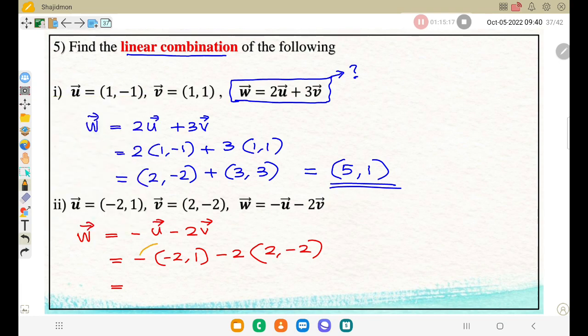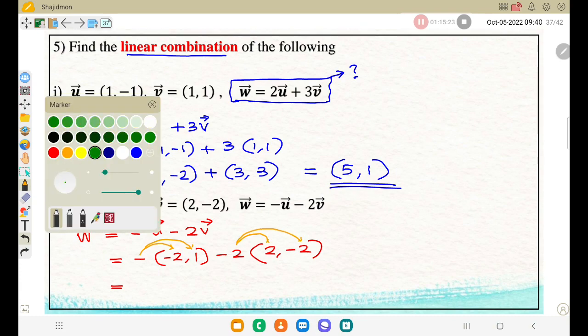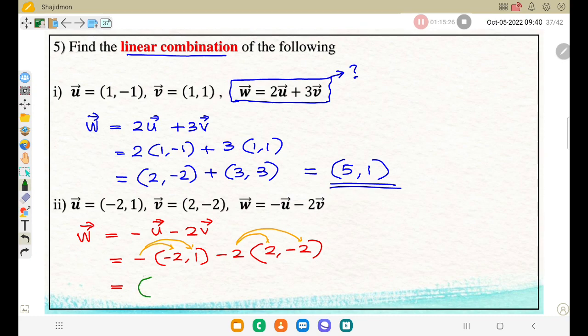You can distribute this to here. So what will be the answer? Here I am distributing only that 2. You can distribute minus 2 also. So 2 multiply 2, 4, 2 multiply minus 2, minus 4.